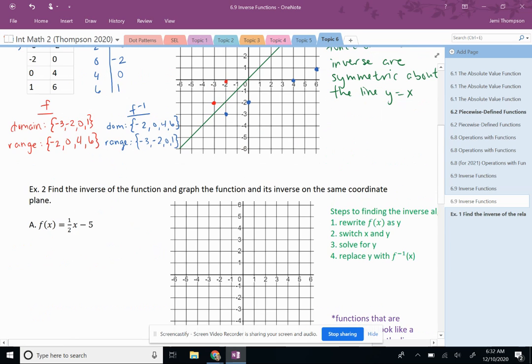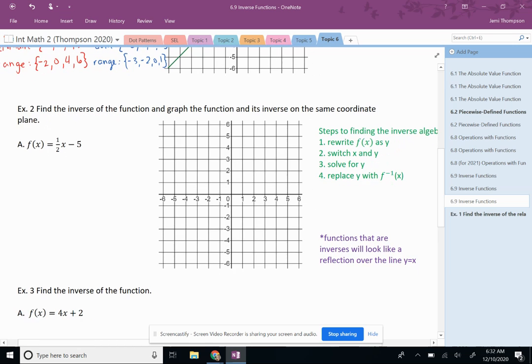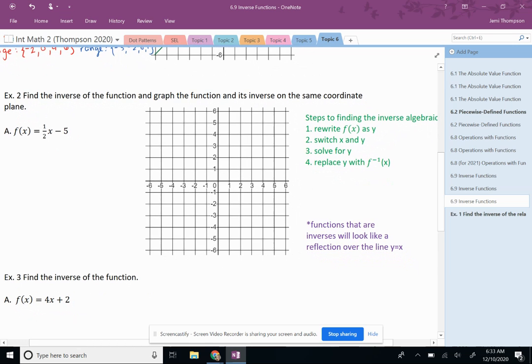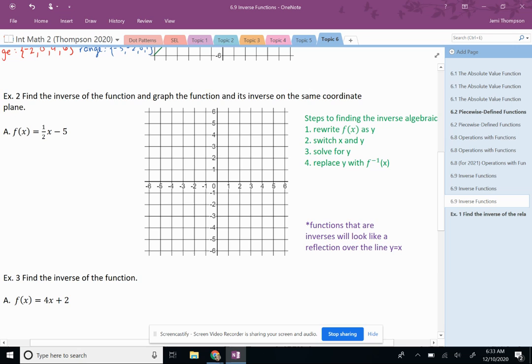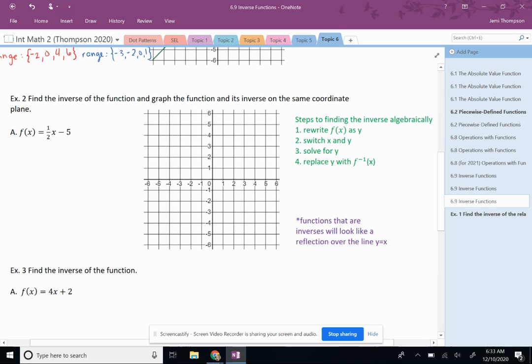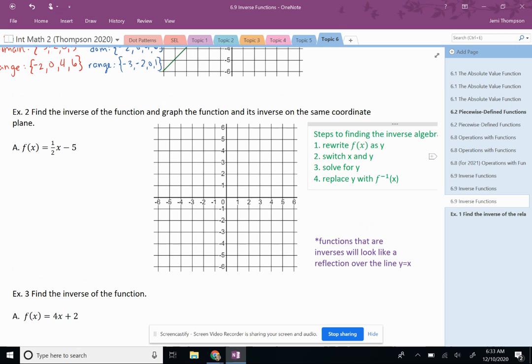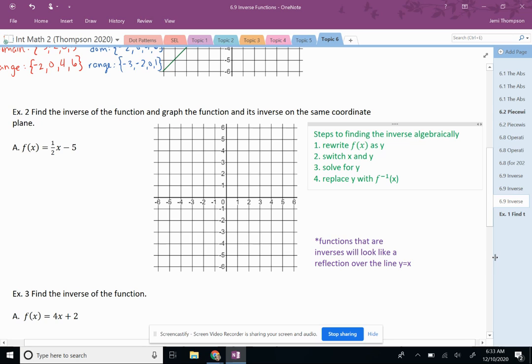Cool. Example 2. Okay. Find the inverse of the function and graph the function and its inverse on the same coordinate plane.